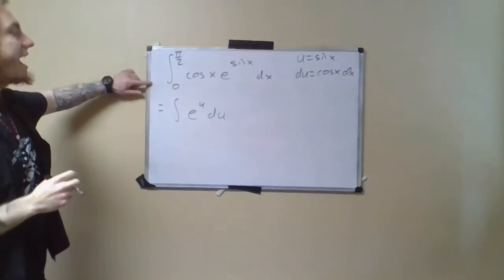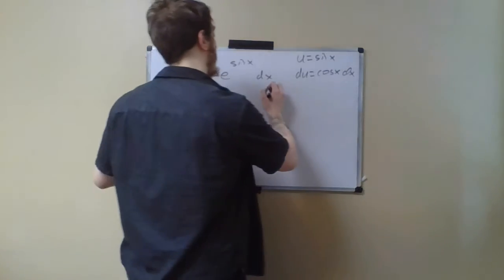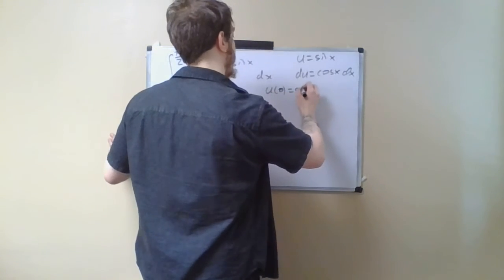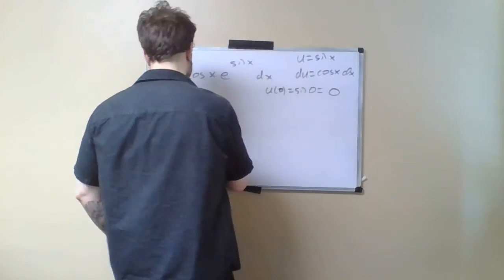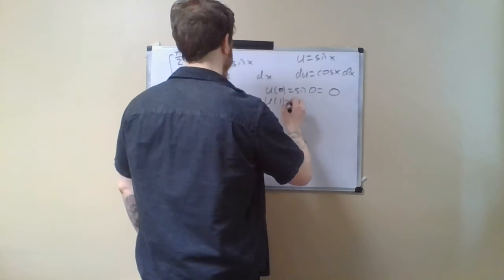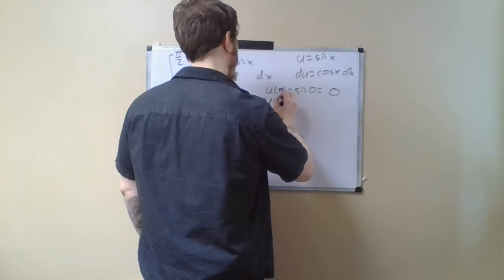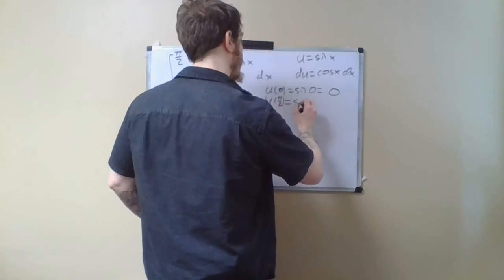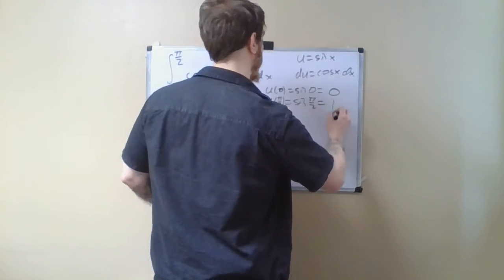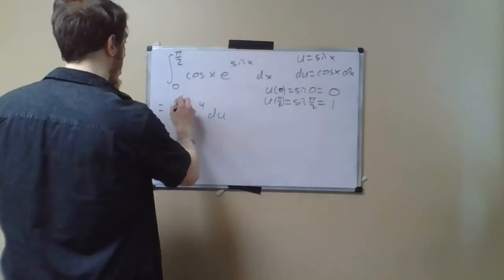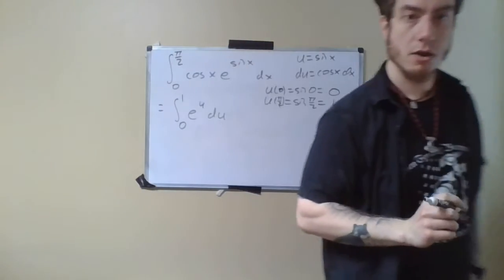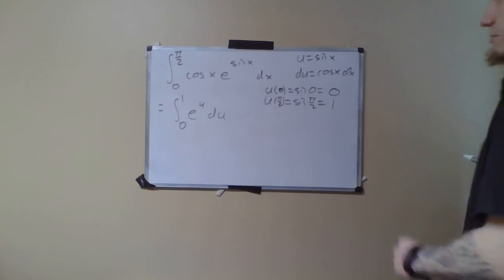But what are the new bounds? Well, u of 0 is sine of 0, which is actually still just 0. u of pi over 2 is sine pi over 2, which is equal to 1. And therefore, our upper bound becomes a 1 with these new variables.